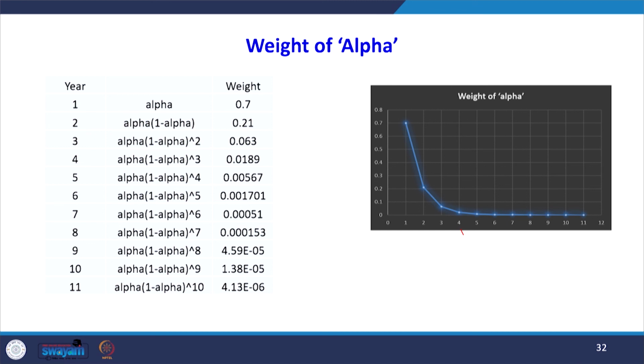If you choose a smaller value, the weight is spread across all the data, all the years. If you take a higher value of alpha, most of the weights are consumed only by the 2-3 previous years. Beyond that, the weights are almost 0.